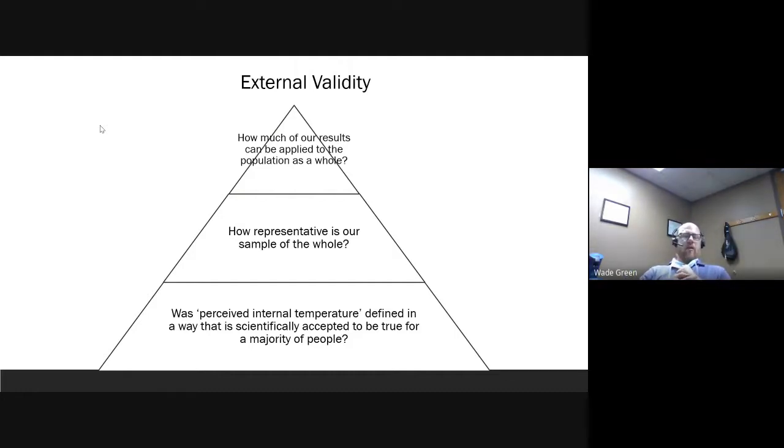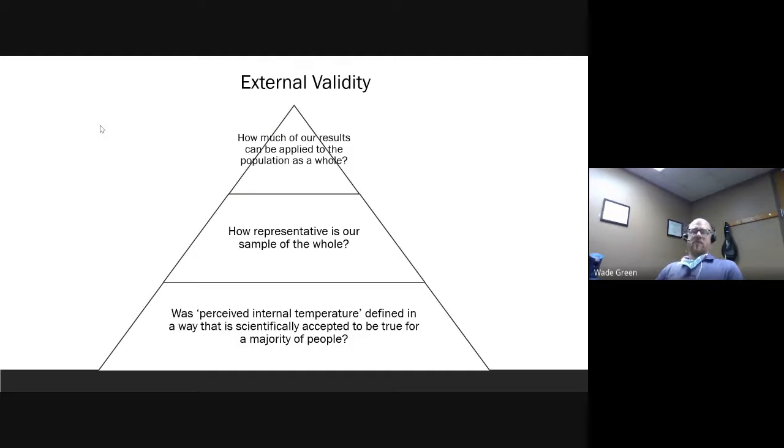There are a lot of questions that we need to ask when setting up our research question in our study. We need to do a really good job of reviewing the literature to see whether this has been studied before, and if so, how perceived internal temperature has been defined within the literature up to now.